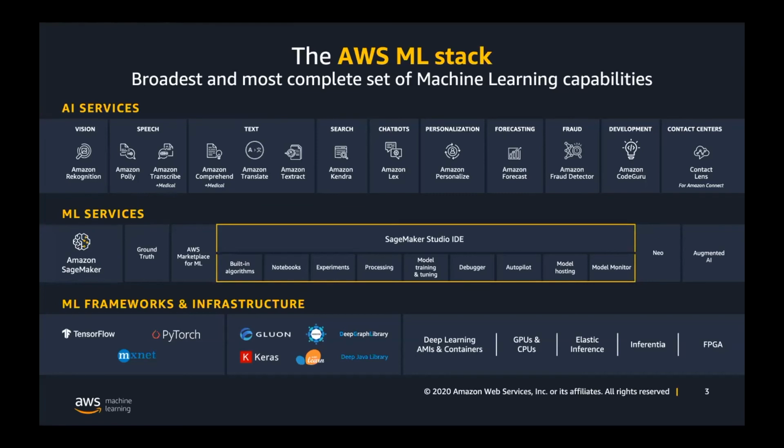We have Kendra, which is our enterprise search, and the chatbot Amazon Lex. We have a recommender system, which we call Amazon Personalize. We have Forecast to forecast time series, and a fraud detection service. We have Amazon CodeGuru, and also the contact center service, Contact Lens. So today's focus is on the middle layer, and we talk about Amazon SageMaker as the heart of the middle layer.